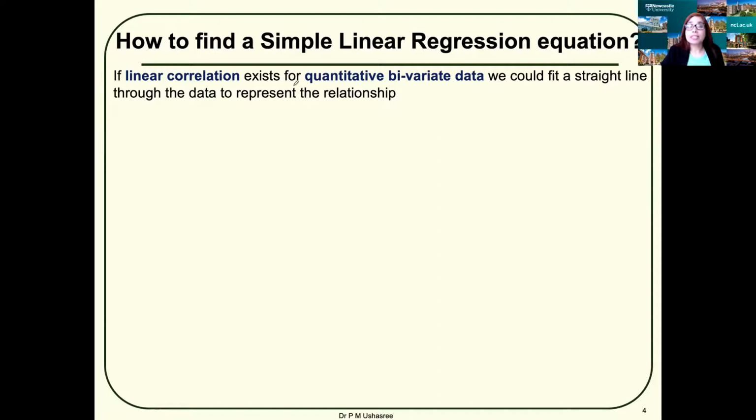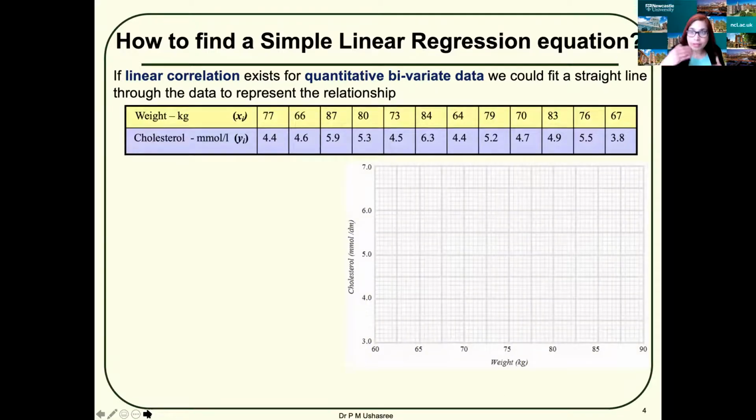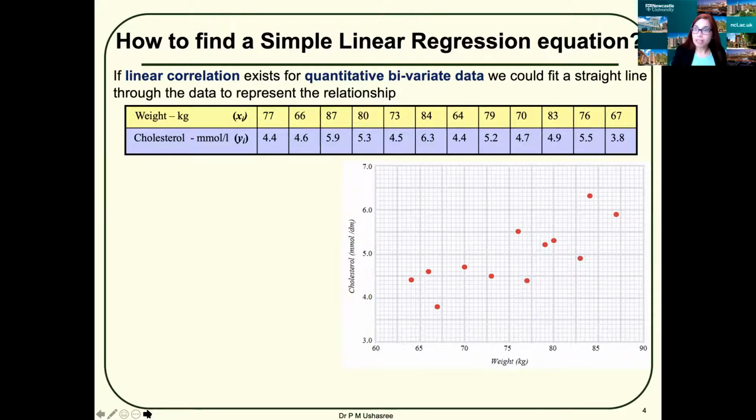If linear correlation exists for a quantitative bivariate data, that is, if there is a correlation, it could be positive or negative, we could fit a straight line through the data to represent the relationship. So for our example, the weight and the cholesterol level, we know how to use a scatter plot, and we know how to calculate the PMCC, that is, calculate the value of the correlation coefficient.